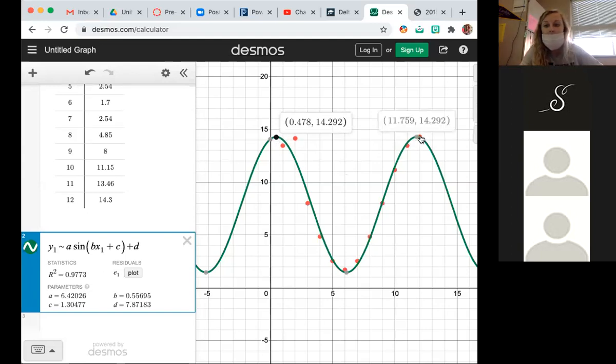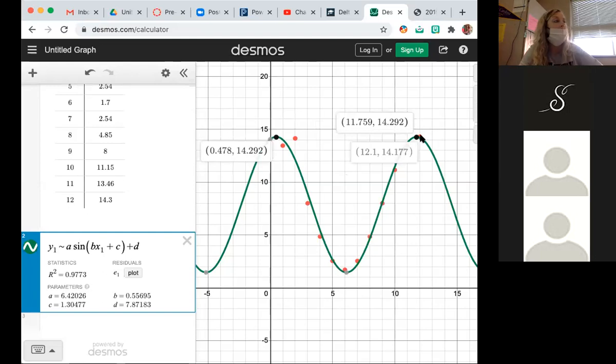The only red dot that looks close to that, and it did actually, nope, that's not it. What's this point? 14.177. So it's not exact. It wants you to go off of the equation because it says interpret the meaning of the model's amplitude. Does that make sense? So if it says use the model, you're using your equation, not the table they gave you. Y'all think you could do one of these on the quiz?